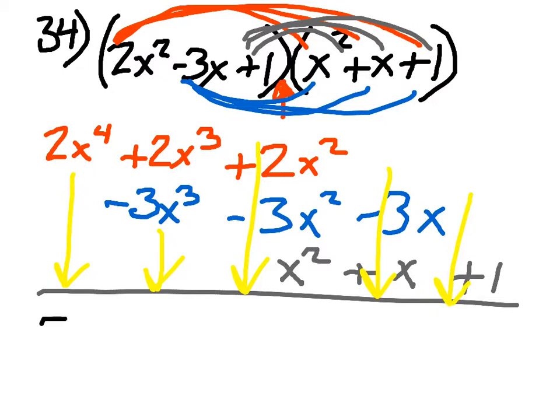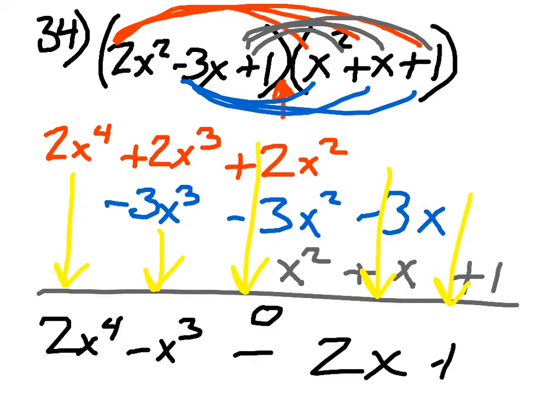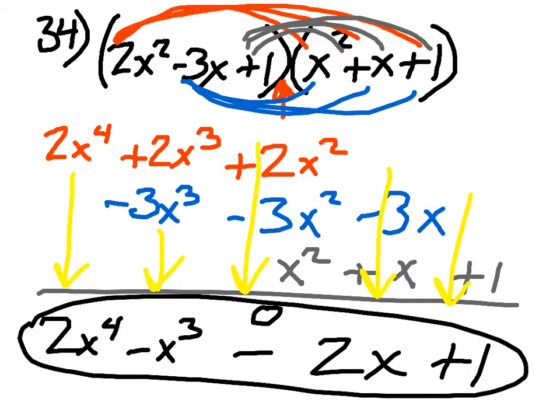And we end up with 2x to the 4th minus x cubed. Let's see here. Hey, does that one zero out? I think that one zeroes out. And then minus 2x plus 1 is all by itself. So there is the expanded form.